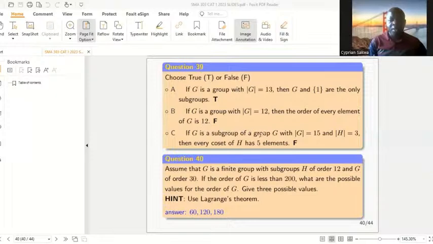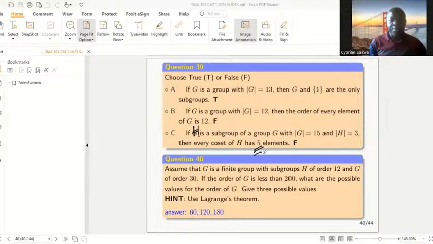Okay. If H is a subgroup of G and the order of G is 12 and the order of H is 3, then every coset of H has 5 elements.